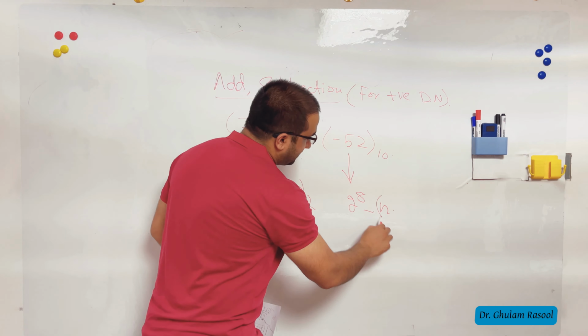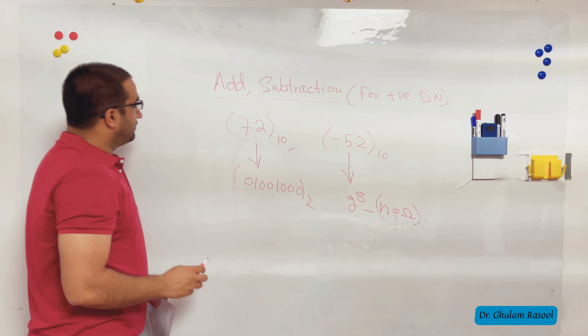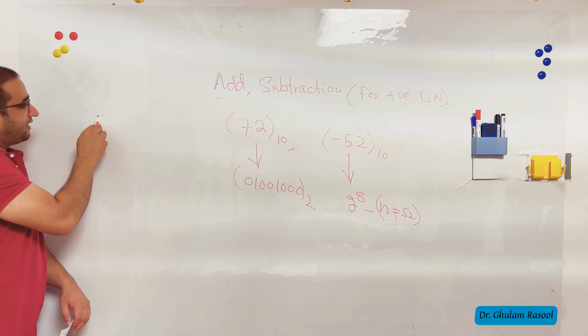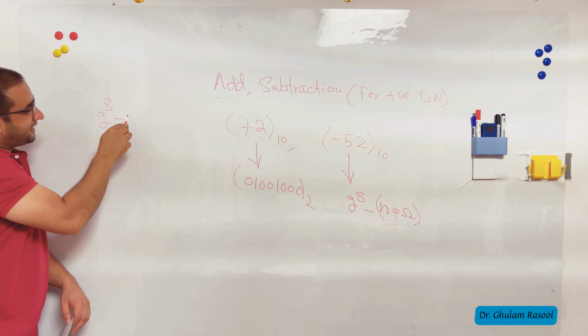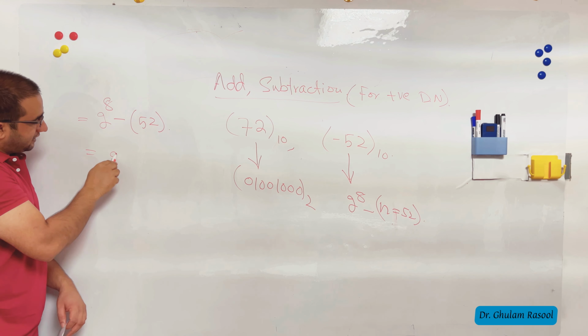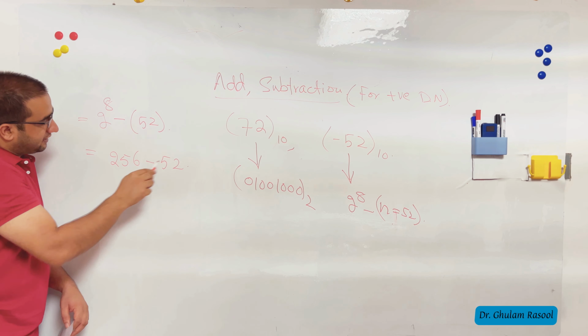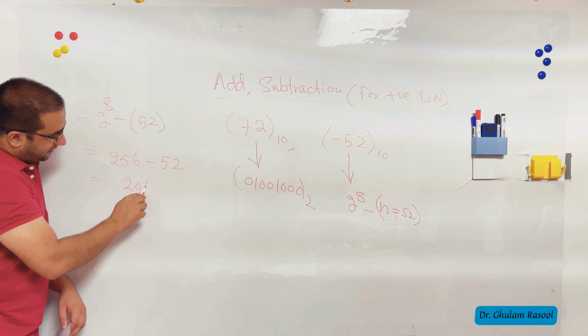Here in this case my n is 52. So I need to find 2 raised to the power 8 minus 52, which is 256 minus 52, which is equal to 204.